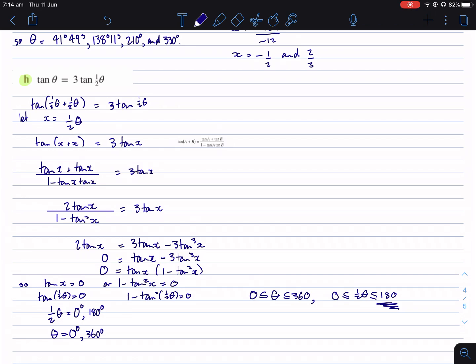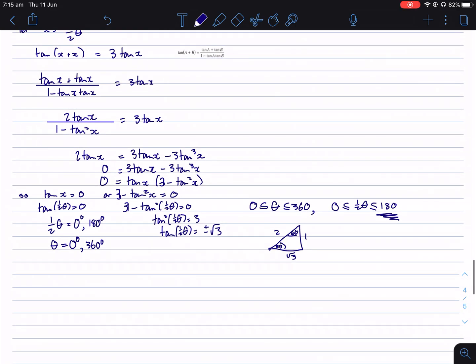Tan squared equals plus minus 1. Hang on. I lost my 3 tan x. So tan squared half theta equals 3, which means tan half theta equals plus minus root 3. Now, tan is root 3, 30, 60, 1, 2, root 3.